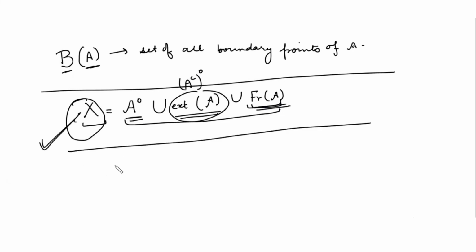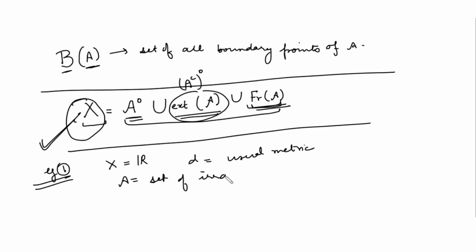Tell me, suppose I have taken X as the set of real numbers, and D as the usual metric, and choose A to be the set of irrational numbers. What will be the A interior? Phi.